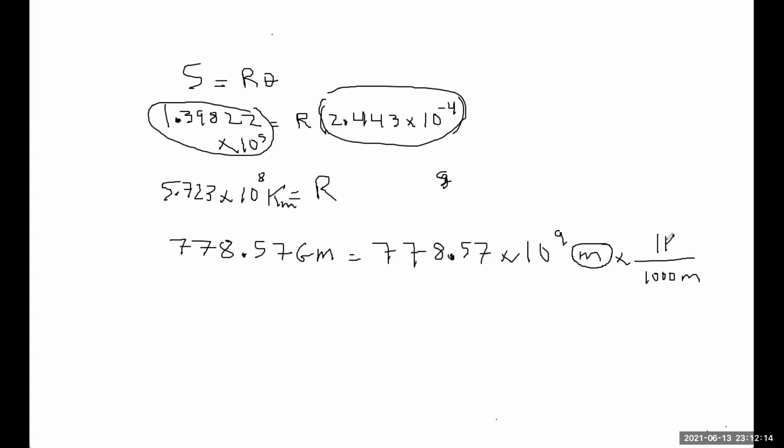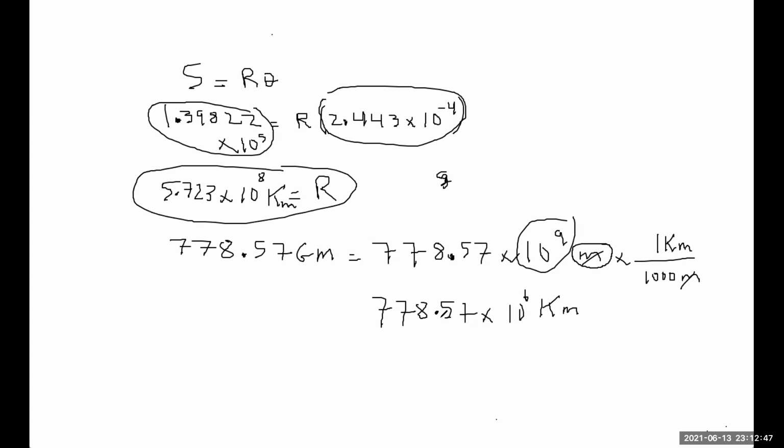Remember back to that conversion stuff. Meters cancel. So if you divide 10 to the 9th by 1,000, you're going to get 10 to the 6th, times 10 to the 6th kilometers. So I'm taking the Wikipedia data and trying to compare it to the result that I got for the distance R. So 778.57 times 10 to the 6 kilometers.